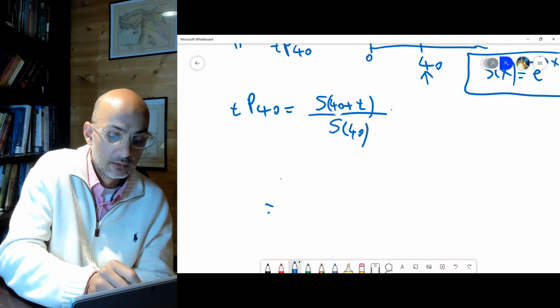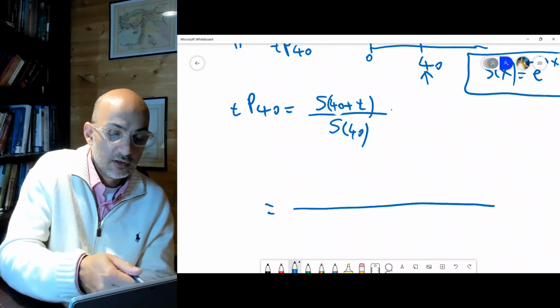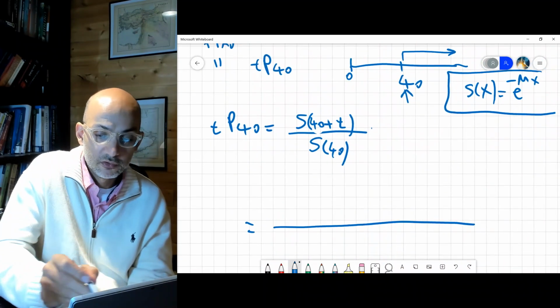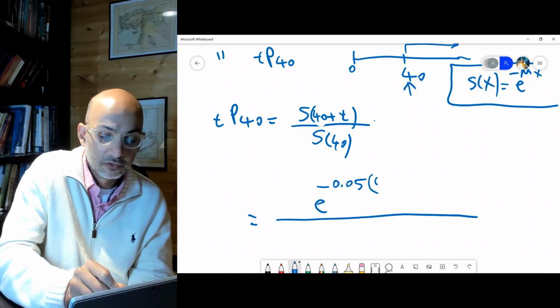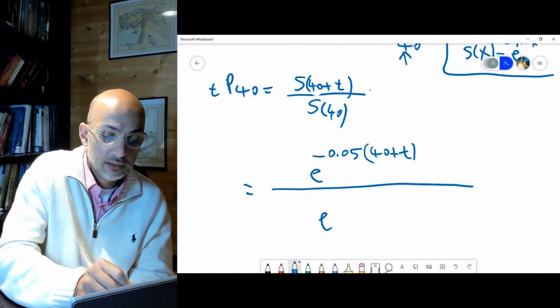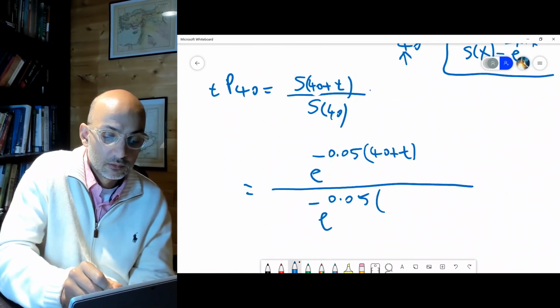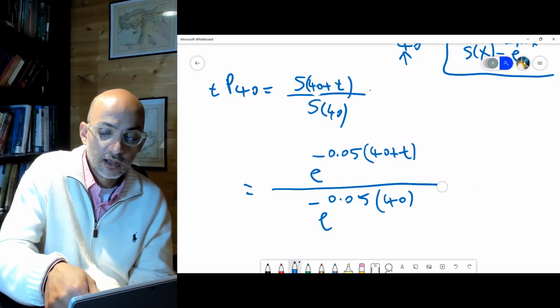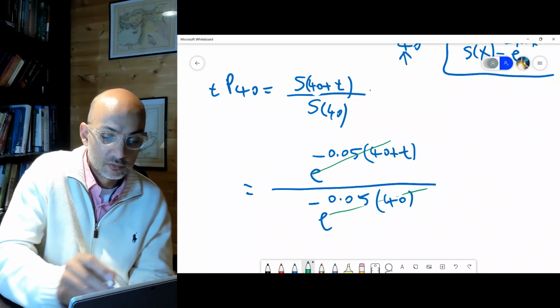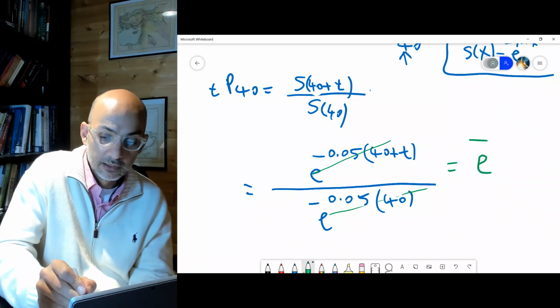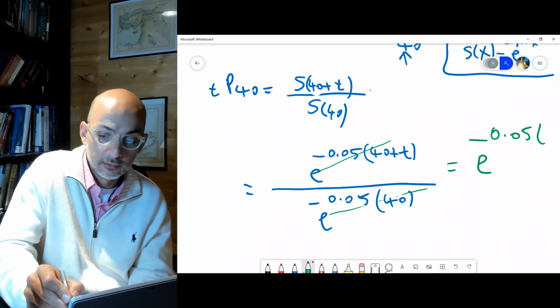So let's take S40: we take e, and our mu is 0.05, and now the whole thing 40 plus t, divided by S of 40, e to the minus 0.05 times 40. If you just cancel out, this one will cancel out with this one, what you are left with is e to the minus 0.05 t.